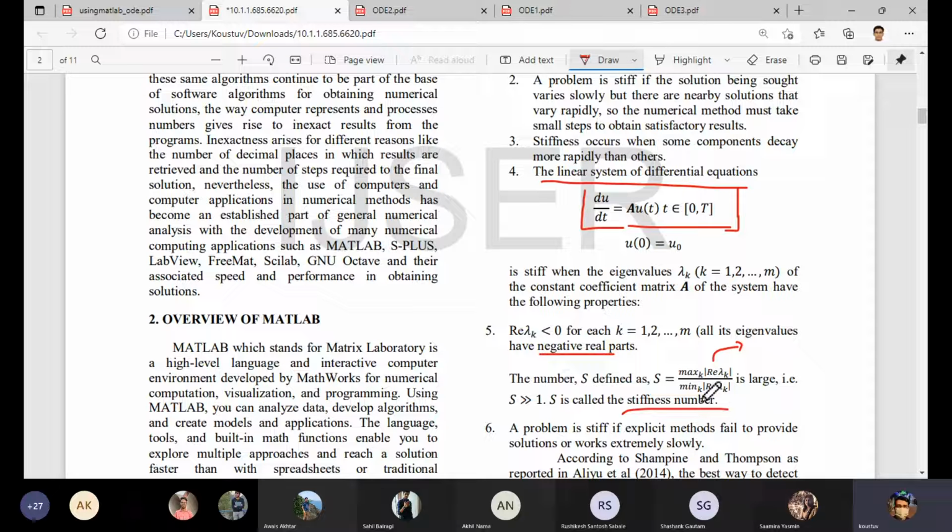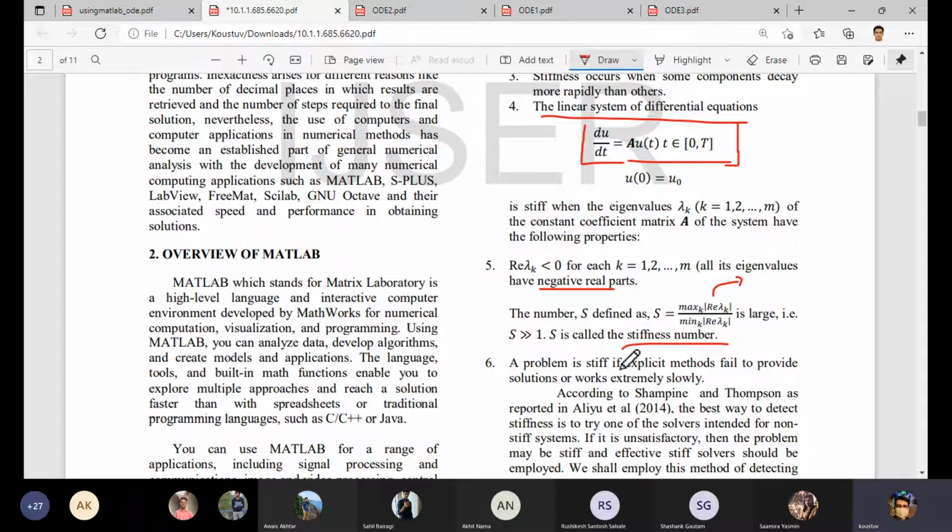Now there are different integration methods or solvers that we have in MATLAB, and also a numerical subroutine available that is used for calculation of this kind of stiff differential equations.